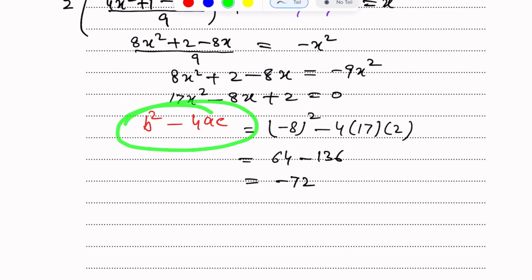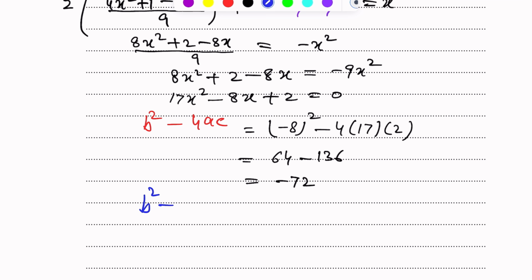This shows that the discriminant is negative. This shows that there is no solution. No solution means that the curve does not have a tangent.